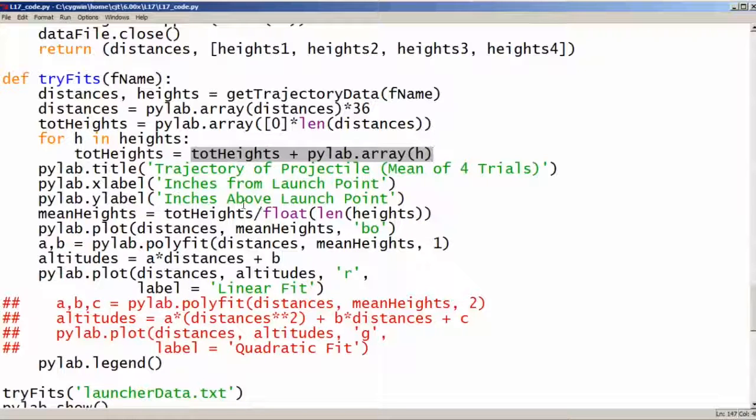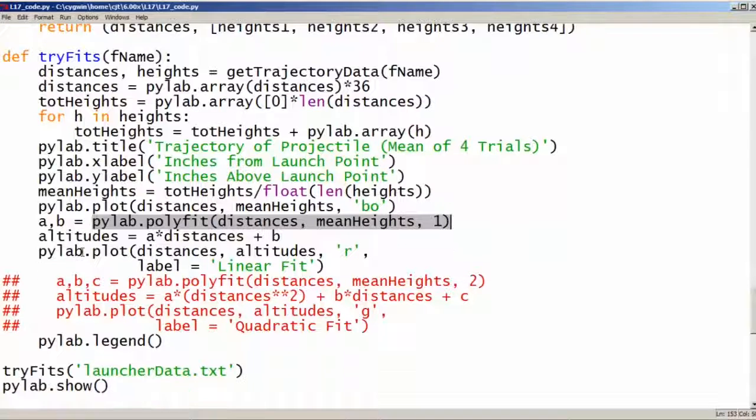With that in place, what we can do is to go off and plot the actual observations, again as blue circles. That's what that little BO means there as the argument to plot. And we're going to use polyfit, as we have before, to do a linear fit to see if there's a linear relationship between the distances the arrow has flown and its height above the target.